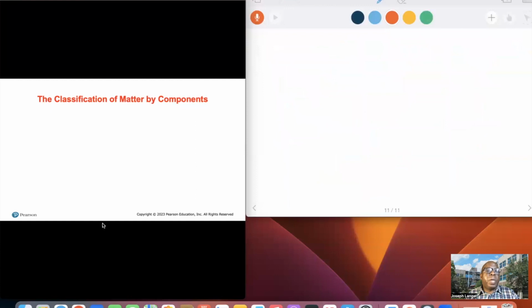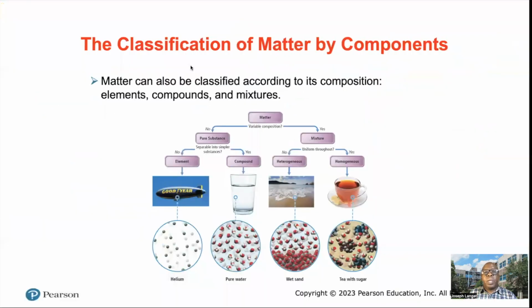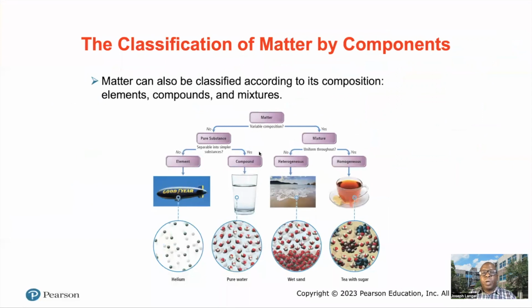Moving forward, matter can also be classified by its component. All right, let me blow this up so that we can see the flow chart of classification of matter.